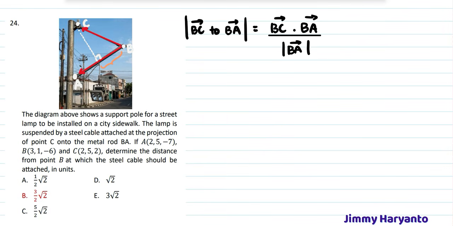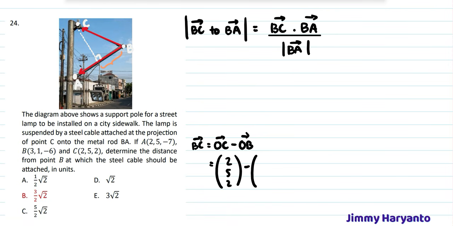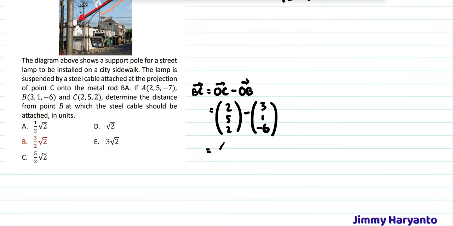Okay, but because we don't have BC, I think we have to find BC first. BC equals OC minus OB, which is OC (2, 5, 2) minus OB (3, 1, negative 6), which equals (negative 1, 4, 8).